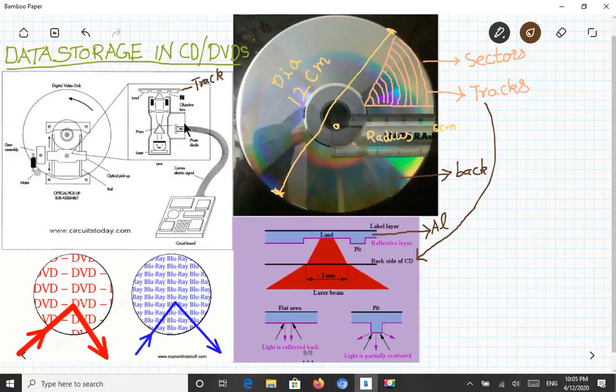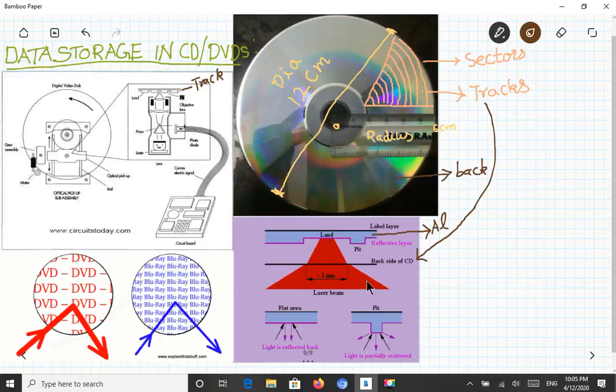We already saw what a photodiode is. When light hits the surface, it produces a current. That current is sent to a circuit where the data is read. So this is the photodetector or photodiode, which converts light into an electrical signal. This is the original picture of a DVD or CD writer.